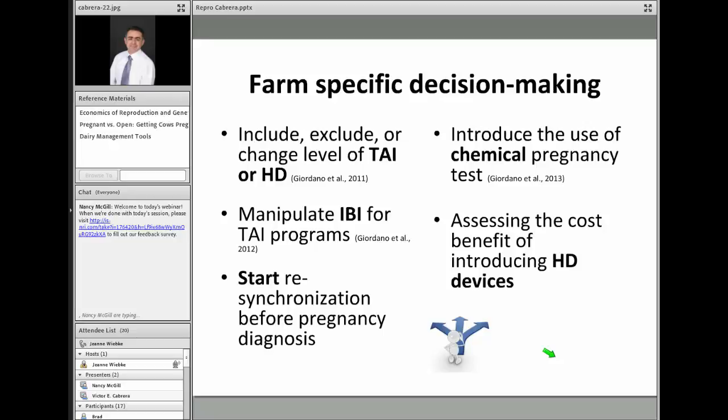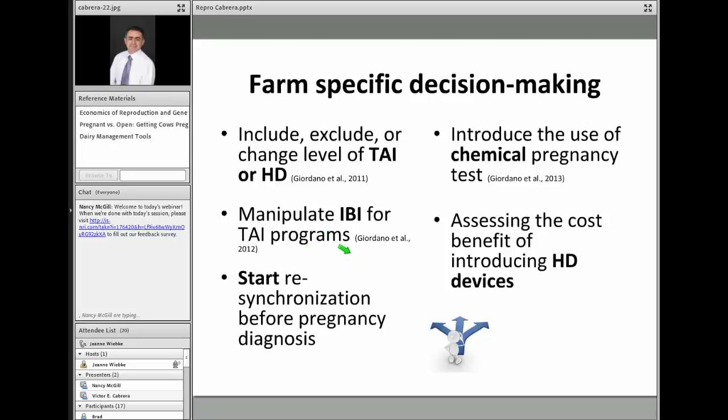Other analysis we have done with this tool, and it is very efficient to do, is manipulate the interbreeding interval for those synchronization programs, for example. How much we will gain, for example, of trying to decrease 1 week our interbreeding interval, our repeats in the synchronization, the resynchronizations, for example.